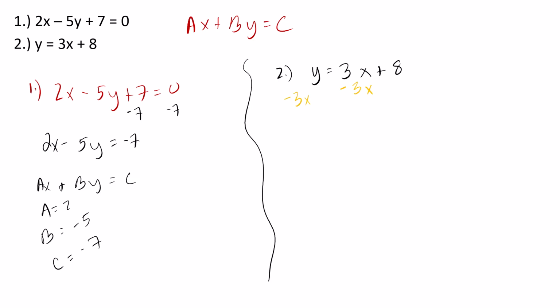I did go through this in some detail in the lesson, like when you're subtracting, you're really adding a negative. And so what we end up with there is negative 3x plus y equals 8, because 3x minus 3x is 0, leaving us with the 8.